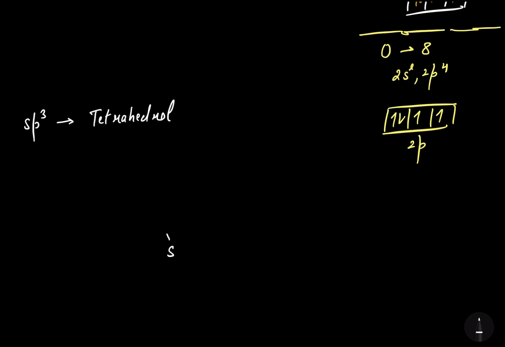Here we are having one lone pair at one of the tetrahedral positions, the double bond O at another tetrahedral position, the chlorine over here and the chlorine over here.